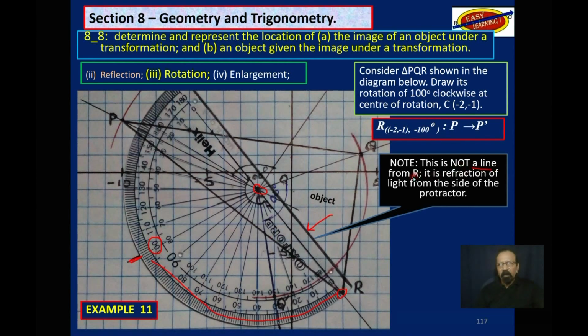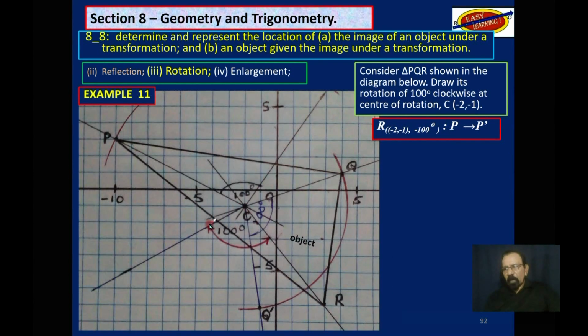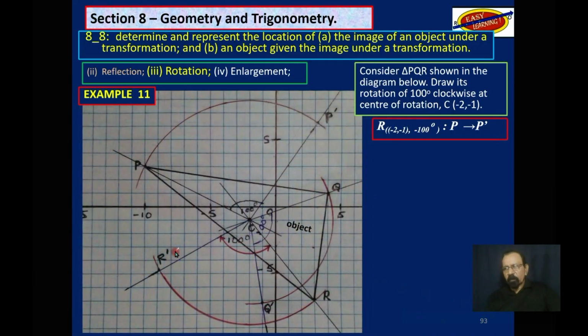This is not a line from R. I know R is written there, but R is actually here. What you see there is refraction of light from the side of the protractor. This is not a line. Draw a line through there, and now from here to there we will make an arc to get R prime.